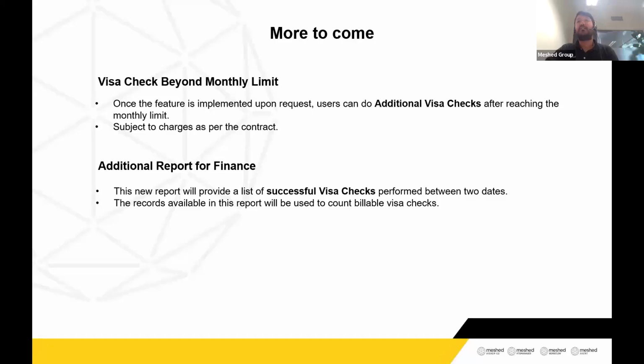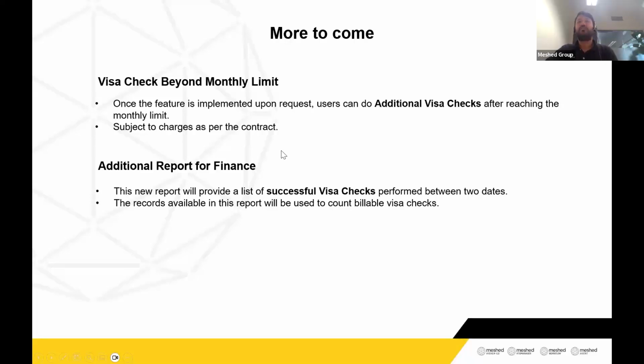When you reach the limit of your current tier, say you are on a standard tier and reach 50 and want to do more, then we can allow you to do, let's say, 55 or 60 visa checks for that particular month. The additional visa checks will be charged based on the contract that we do with the clients. This pay-as-you-go will be introduced in the coming release.